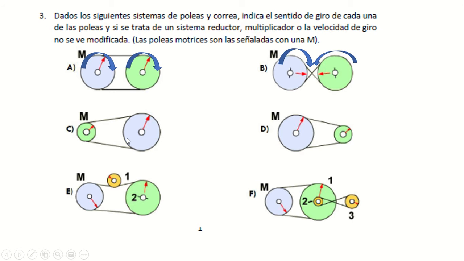Okay, this one goes to the same side, and this is a reducer, because the driver is smaller than the driven. In this case, it goes in the same side, and it's a multiplier because the driver is bigger.